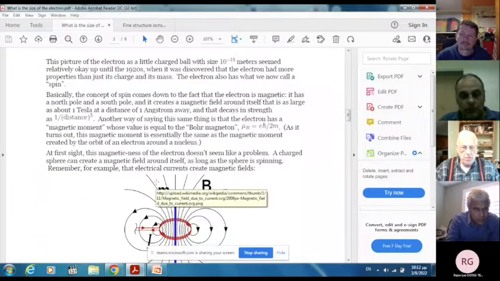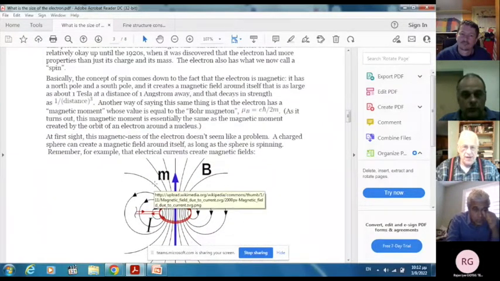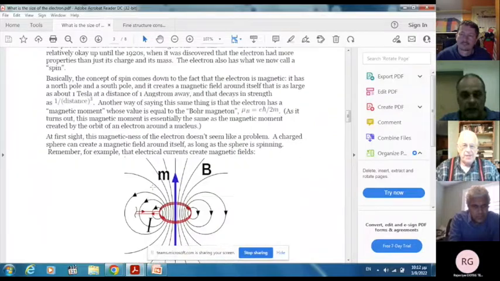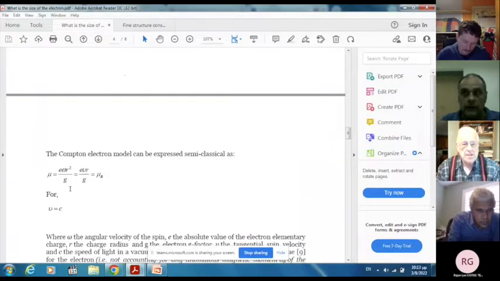So that was a problem because now, if you want to calculate what is the radius for this magnetic moment, you can go here in this equation. This is a semi-classical equation. Here is the g factor, which is the Dirac factor, 2. We don't calculate any anomalous magnetic moment, just the Dirac magnetic moment.